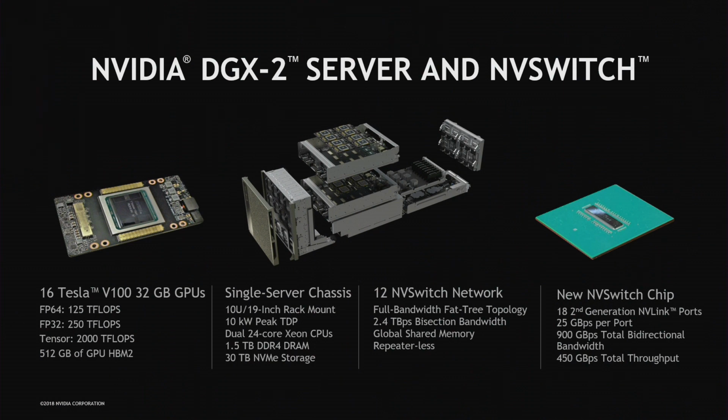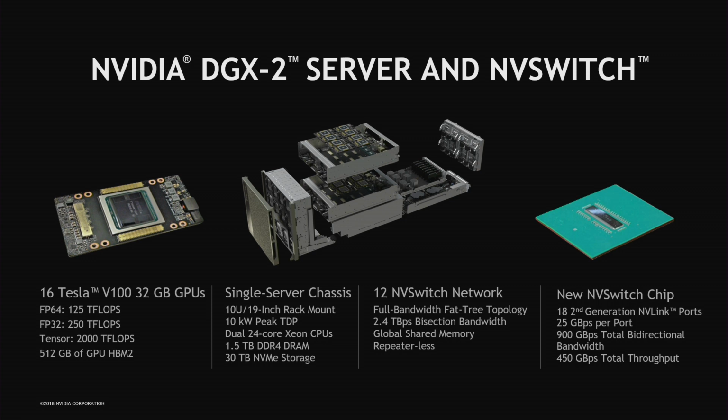What is NVSwitch? Well, DGX-2 is a big compute server, 10U high. It's really big. It has fancy CPUs in it, 1.5 terabytes of regular old DRAM, and 30 terabytes of NVMe storage. As far as NVIDIA is concerned, the heavy lifting compute-wise is done by 16 of our Tesla V100 GPUs. Each one of those carries 32 gigabytes of HBM, high bandwidth memory.